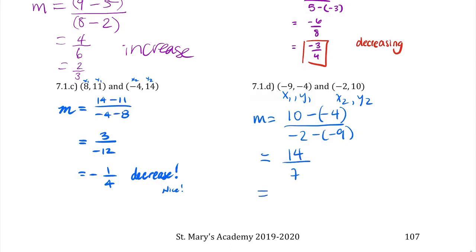Remember that when you have that double negative here and here, you always want to change that to adding, a common mistake that I see all the time. So there's our reduced answer, and because it's positive, we have an increase.